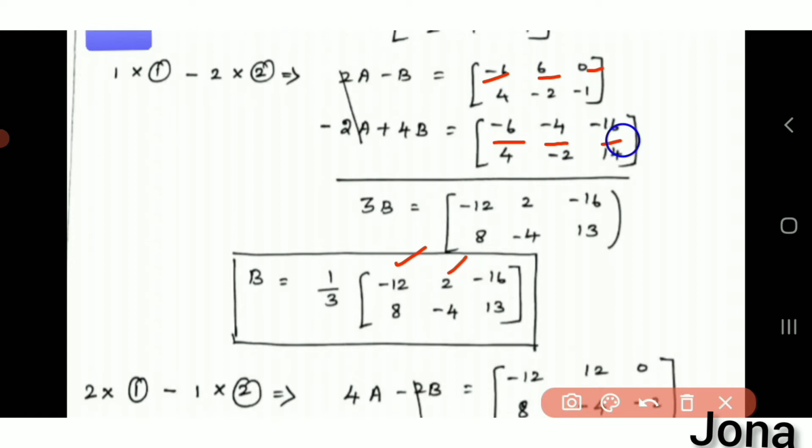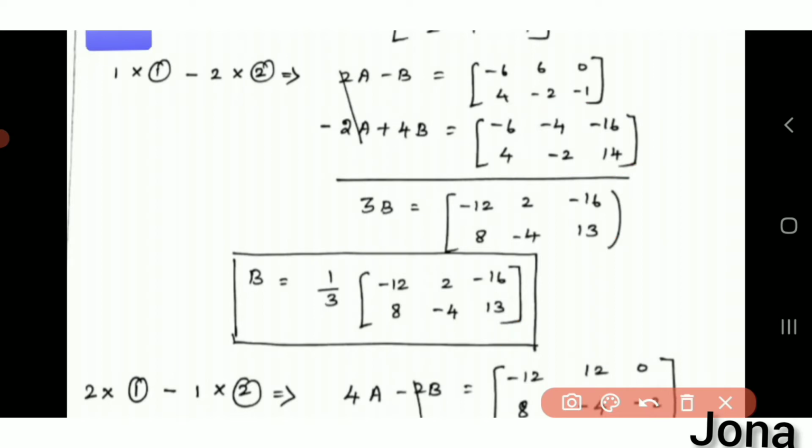Then 0 minus 16 is minus 16. We are adding the corresponding elements. Likewise for the second row, 4 plus 4 is 8, minus 2 is minus 4, minus 1 plus 14 is 13. So we have 13 here.